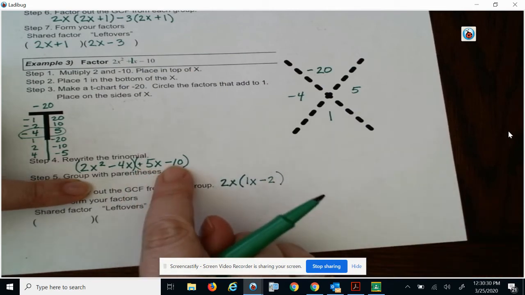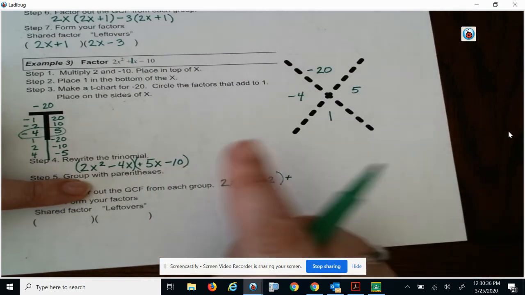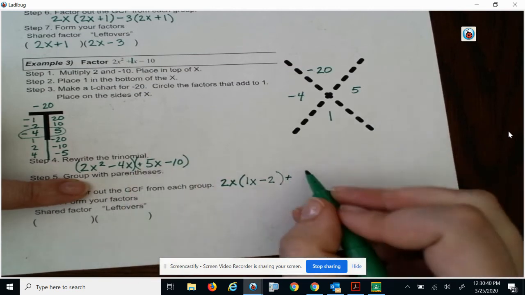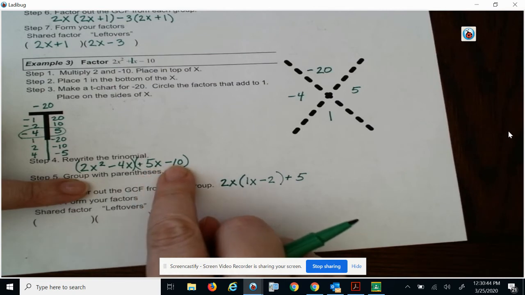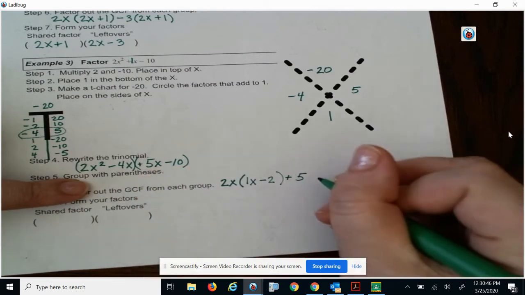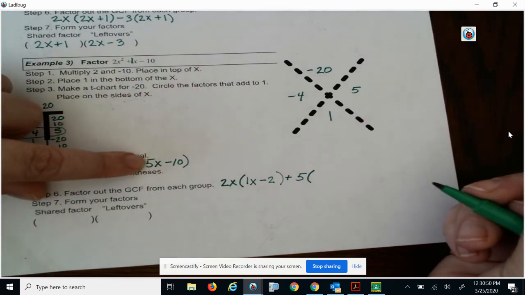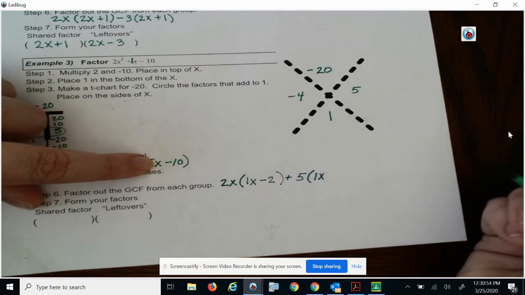We have a positive and a negative, so we're going to factor out a positive number. And they're both divisible by 5. That's an x, that's not an x, so they don't even share an x. They just have a GCF of 5. And then divide each one. 5 divided by 5 is 1. Keep the x.